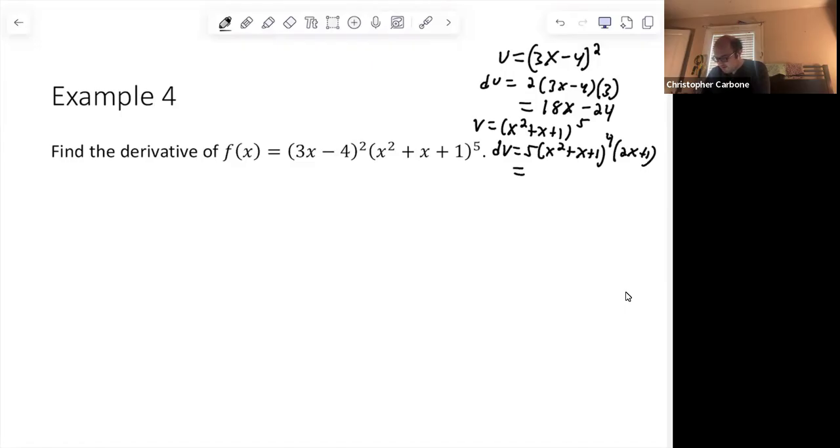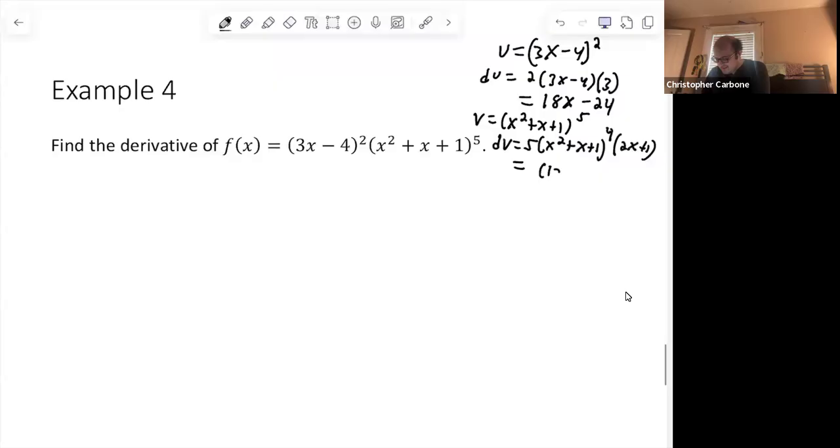So can't really do too much in the way of simplifying that, but I'll write 10x plus 5 times x squared plus x plus 1 to the fourth power. So popping all of this into our derivative using the product rule, this is going to be, and then might as well, okay, did I need to do all the multiplication for that?